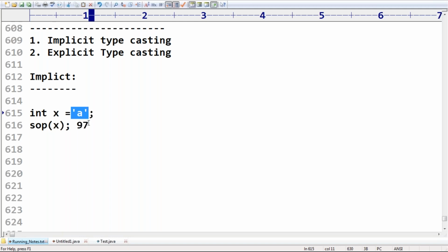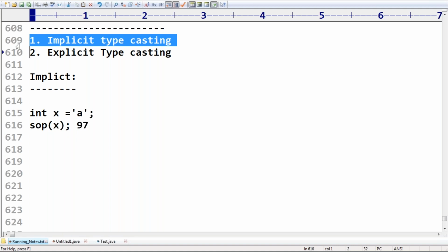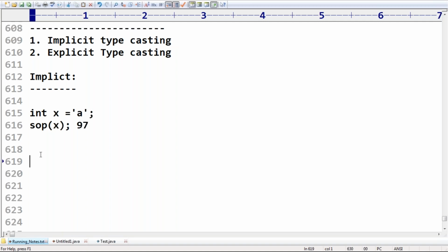Someone is converting my char to the int type, who is responsible? Internally, the compiler itself is responsible. That's why this type of typecasting is called implicit typecasting. Any doubt?